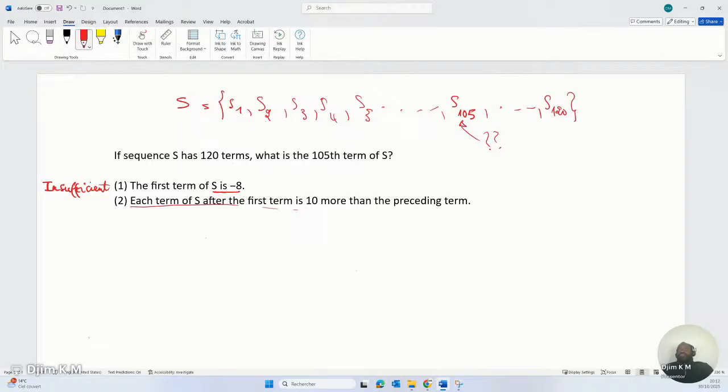We don't have either the first term or the last term. The only thing we know is that we have 120 terms, and we are looking for the 105th term. So probably the first term could be 0, or it can be 1, or it can be 2, it can be any value. So if it is 0, the 105th term will be different than if the first term was 1, or 2, or 3. So this is also insufficient.